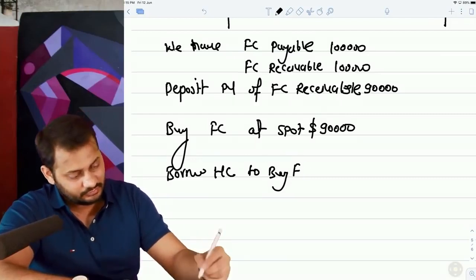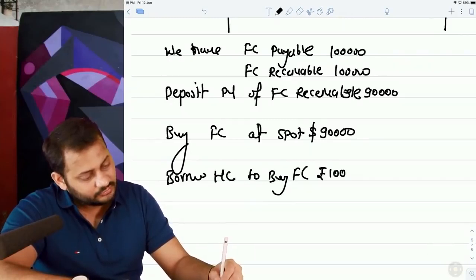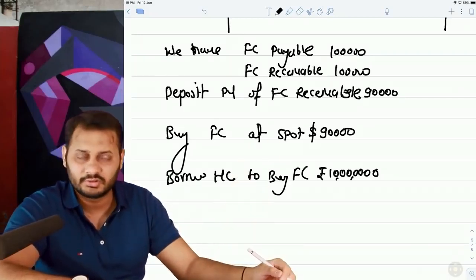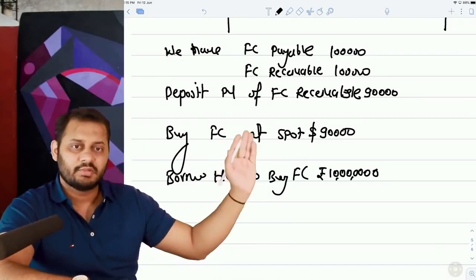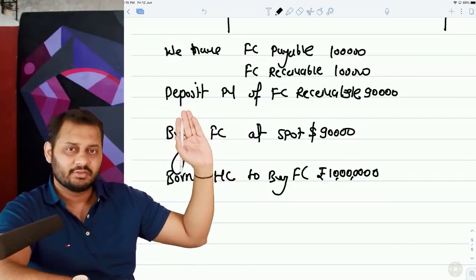So let's say we borrowed around 10 lakh rupees or 1 crore rupees to buy $90,000. By paying this much amount, we bought $90,000, then deposited $90,000 today.